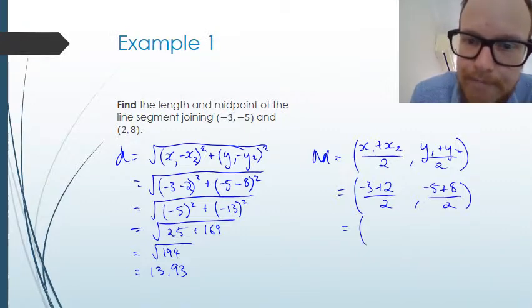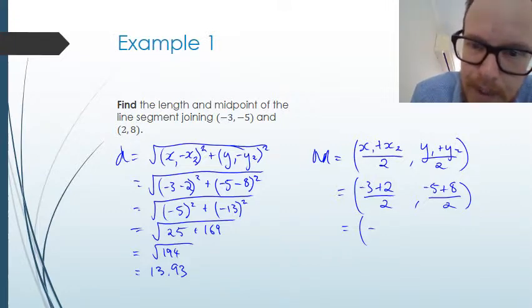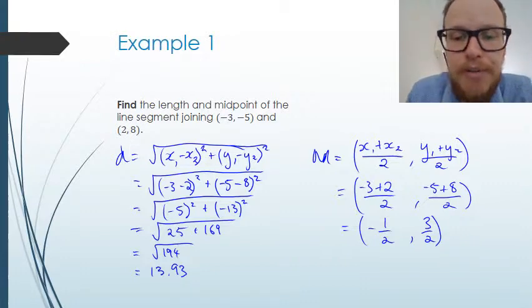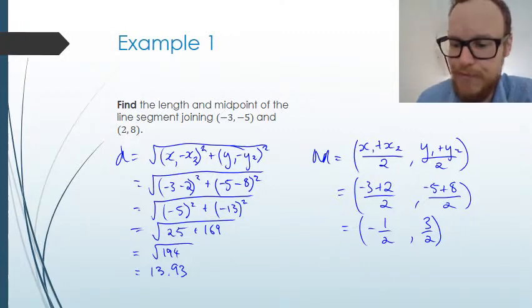That's going to be -1 over 2, and here we're going to get 3 over 2. So that's our midpoint. You could answer them as decimals if you wanted to, -0.5 and 1.5 being the y coordinate, if you would like.